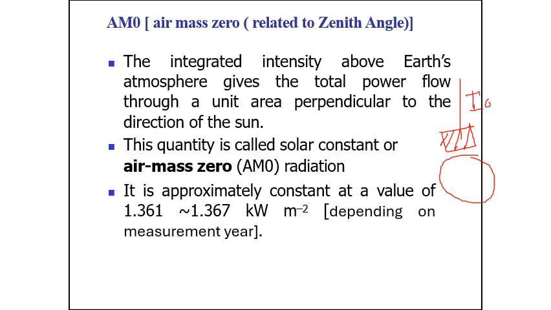So it is approximately constant at a value of 1.361 to 1.367 kilowatt per meter square, depending on the measurement, because the sun's distance from the Earth will vary according to the months of the year. Earth revolves around the sun in an elliptical manner, so that's why there will be a variation of the solar constant as a numerical value.